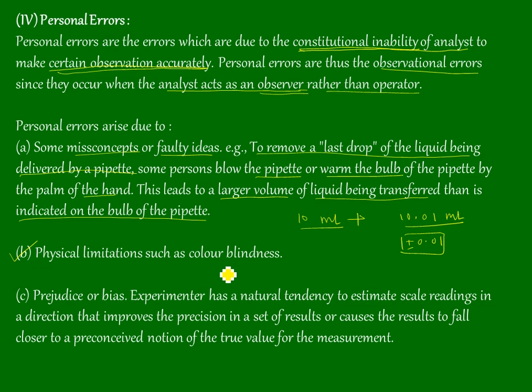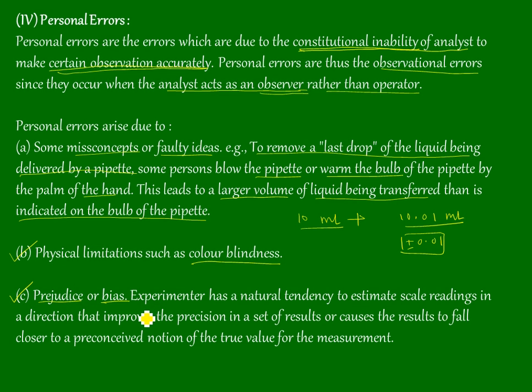Then physical limitations such as color blindness are also considered personal errors. Some people have difficulty understanding colors, so that is also a personal error. Then prejudice or bias.